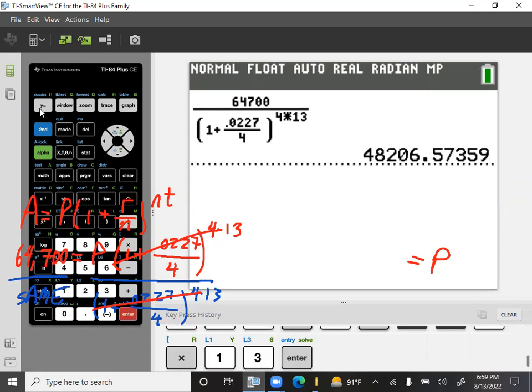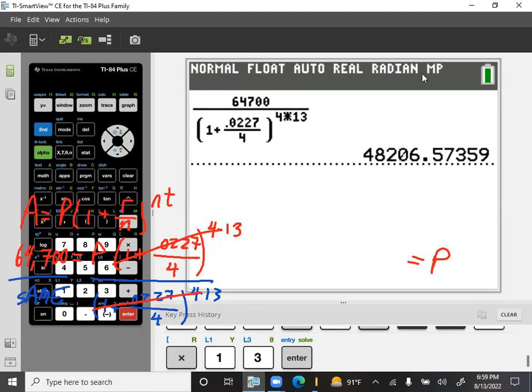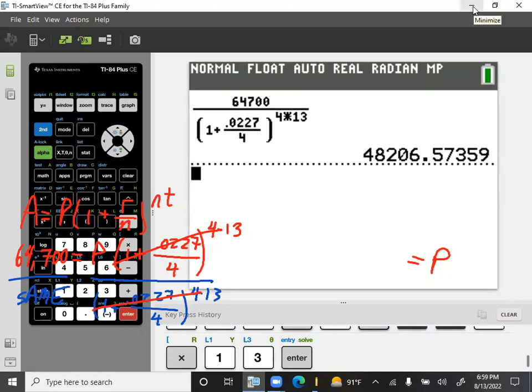They're going to need to plop down $48,206.57 in order to meet their goal if they just do one deposit and leave it there for 13 years. Again, pretty much everybody doesn't do that. They say, well, let's put in like 200 a month or something and do that for 20 years, and then you end up with a lot more. But this formula doesn't handle multiple deposits. That'll be the annuity formula, which is coming up very shortly.